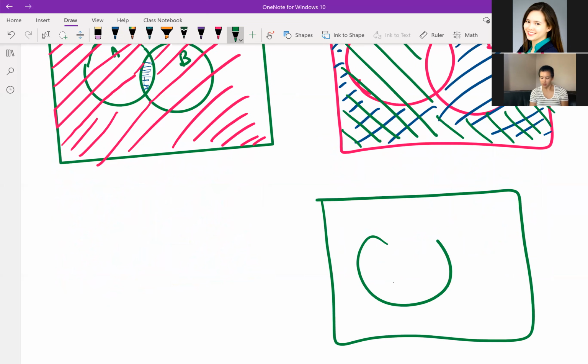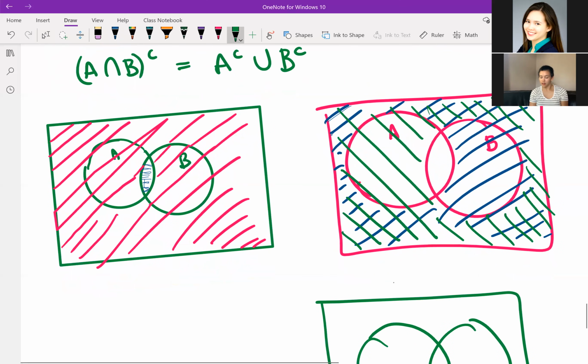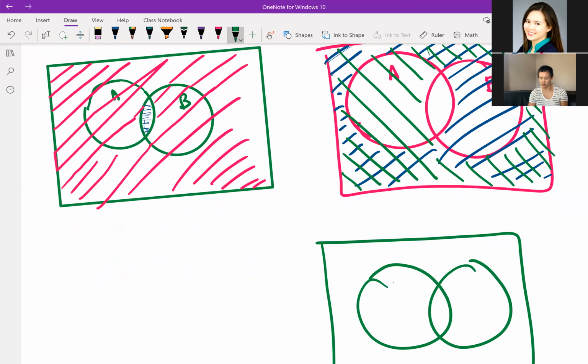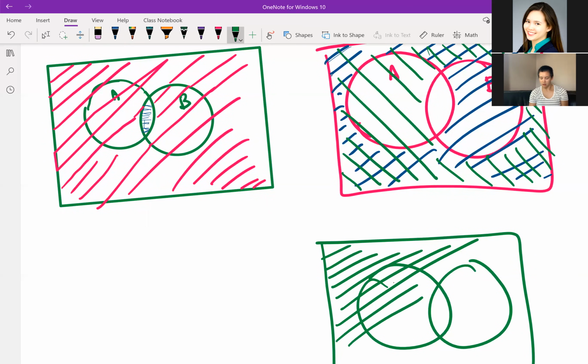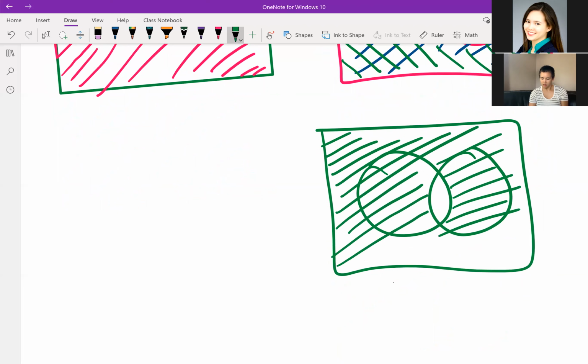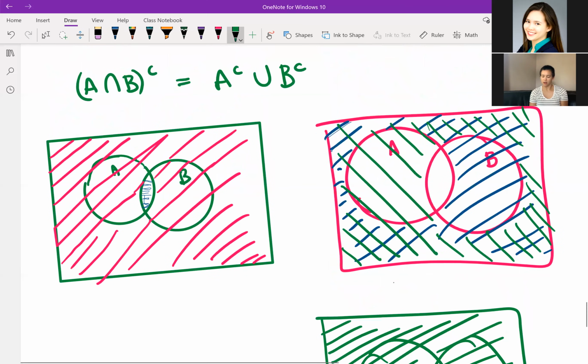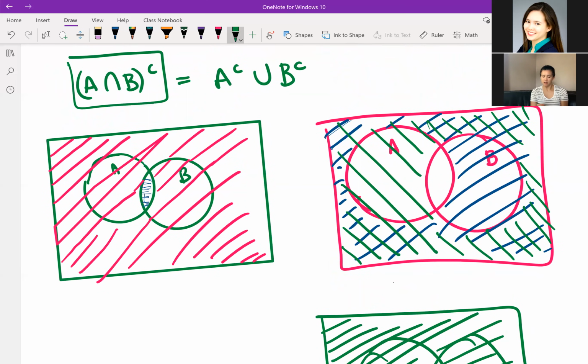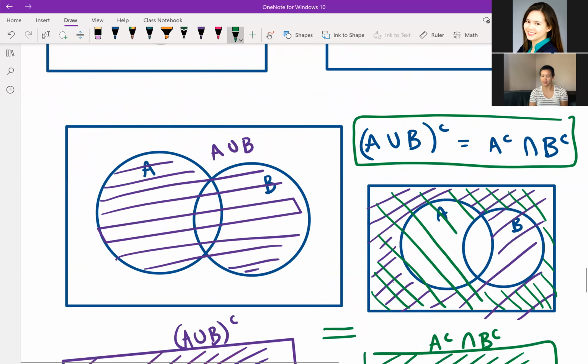So we end up with everything except for this middle bit. Okay, so now we have shown that A intersect B complement is the same thing as the union of A complement and B complement. So this is one piece of DeMorgan's laws, and this is the other.